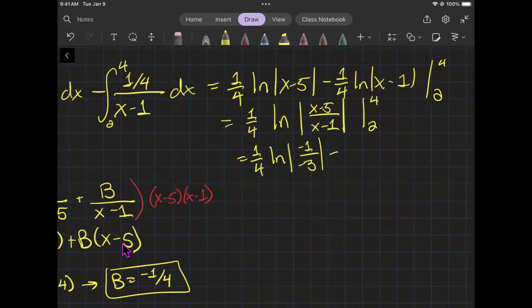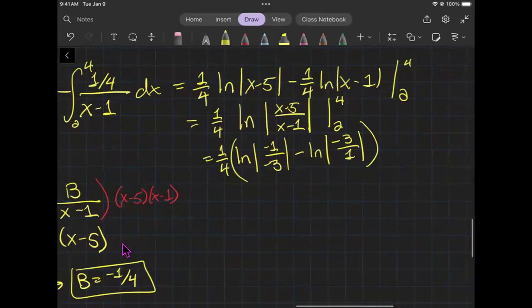And then minus ln of 3/1. Okay. So yeah, this is 1/4.